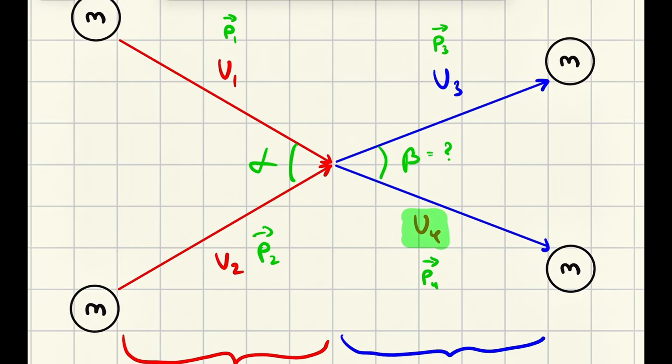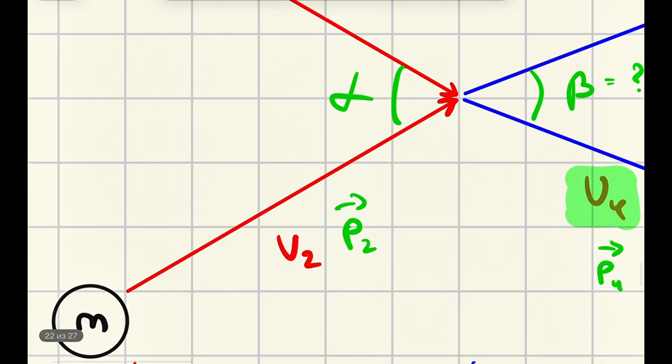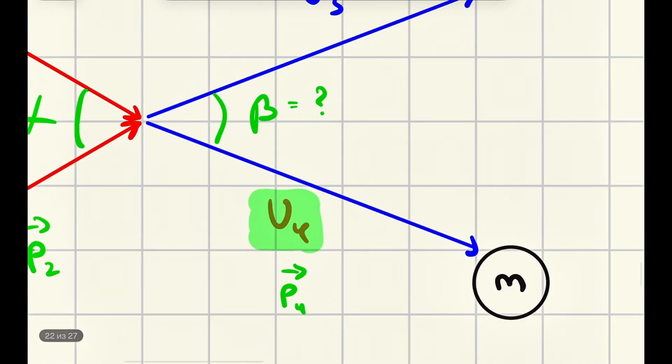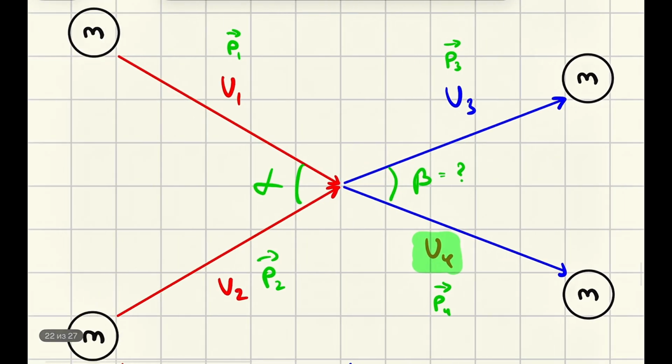So the logic behind it is that if this has some momentum, and this has some momentum, the resultant momentum cannot be greater or less than this resultant momentum unless it is some, I don't know, inelastic collision. Because we know that in an inelastic collision, some of the velocity might be lost due to deformation, heat, or other types of energy loss.